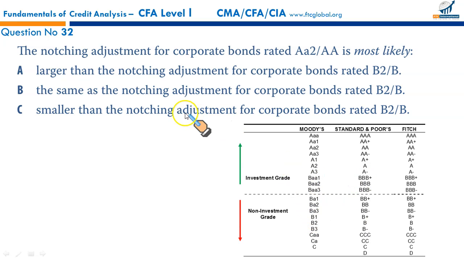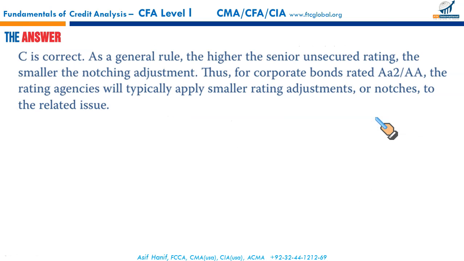So this would mean that the notching adjustment for corporate bonds rated as A2A is most likely to be small, smaller than the notching adjustment of corporate bonds B2B. So that makes C to be the correct option. C.